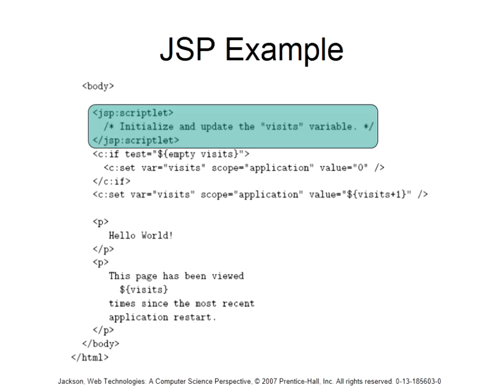Can you provide me some examples of these objects? Out. Yes, out is an object, and we can use out.write to display any data. Request, yes, request also is an object.